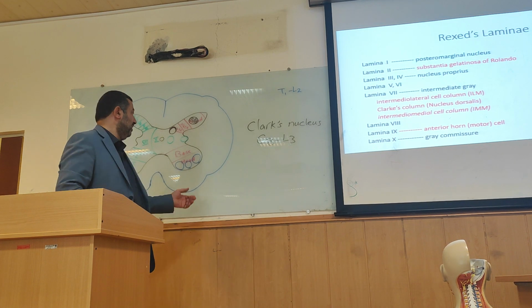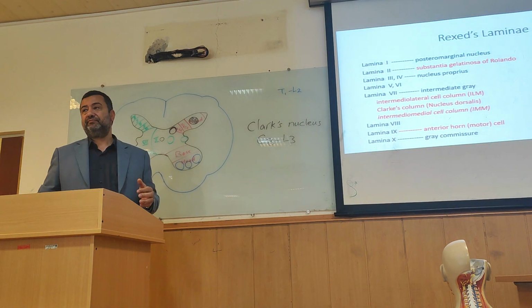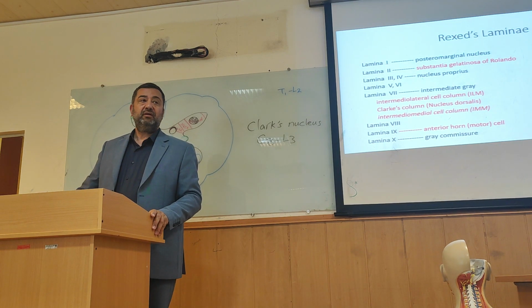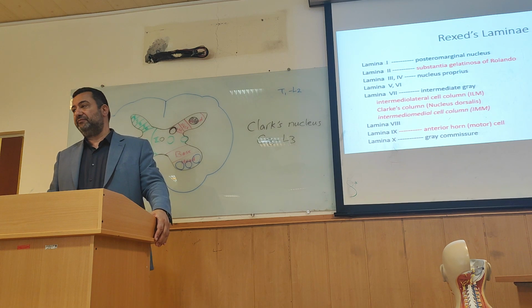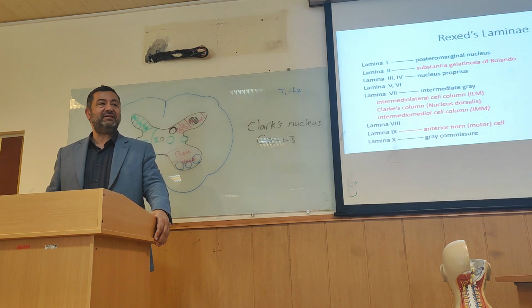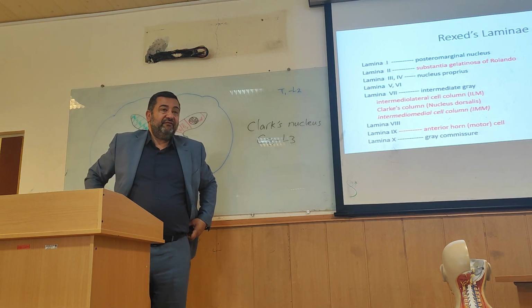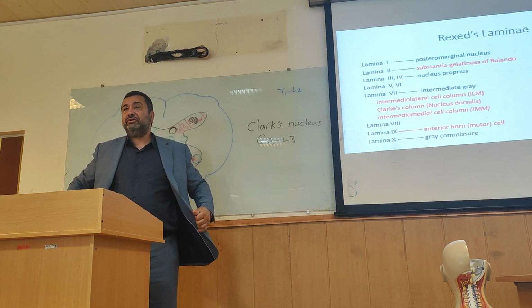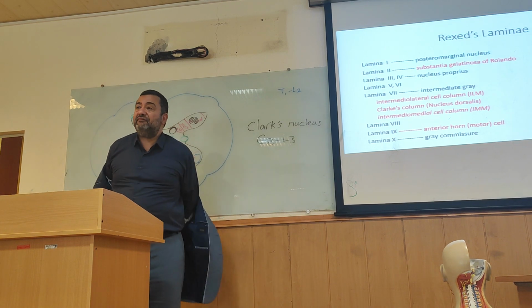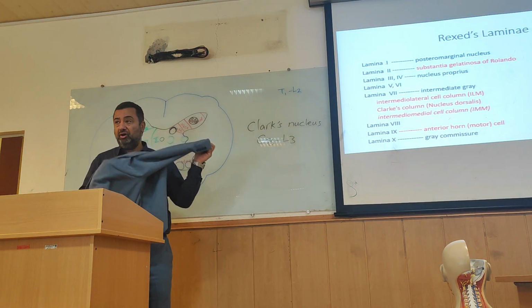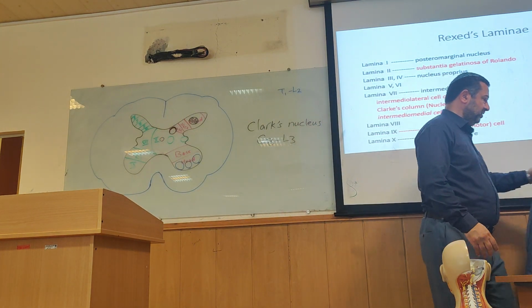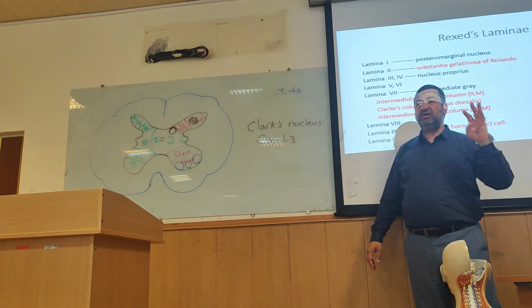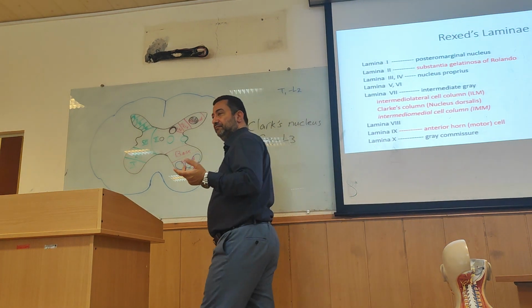And central group is located in some segments of the spinal cord. For example, C3, C4, and C5 segments make phrenic nucleus. You know that phrenic nerve is a motor nerve of the diaphragm. Phrenic nerve is from C3 to C5.